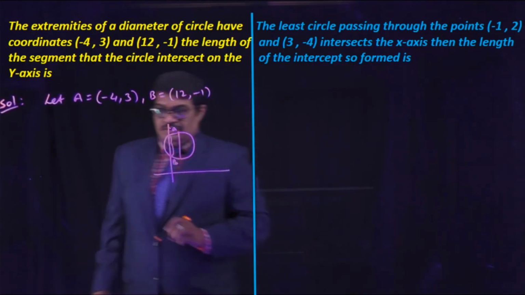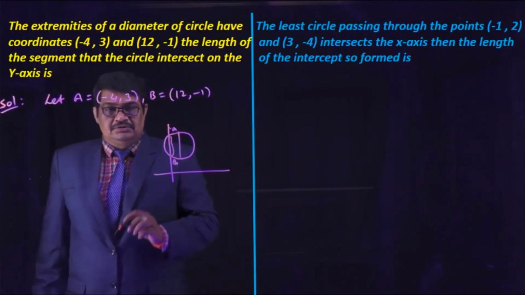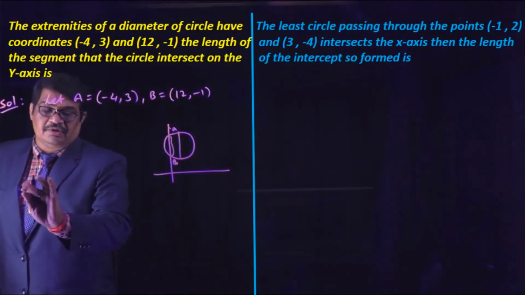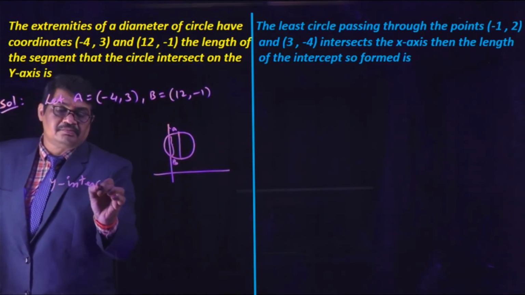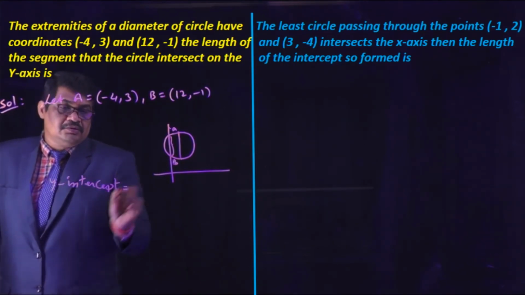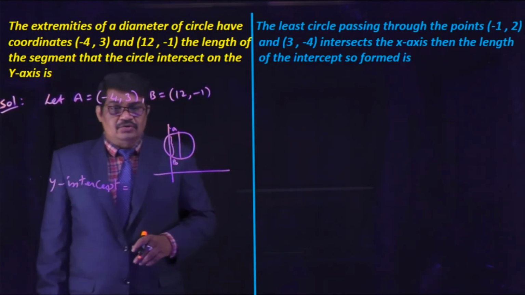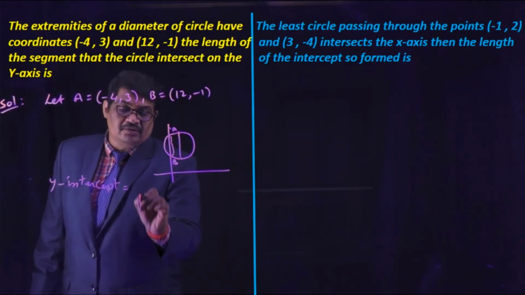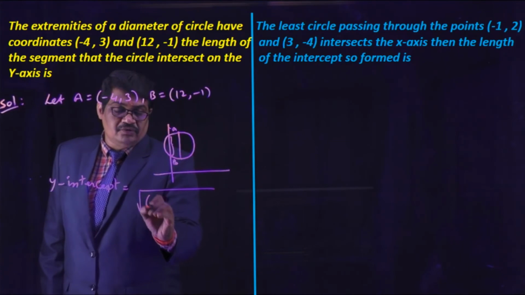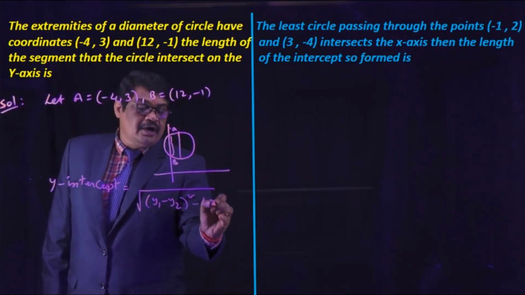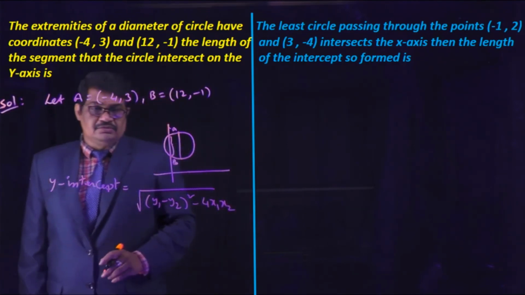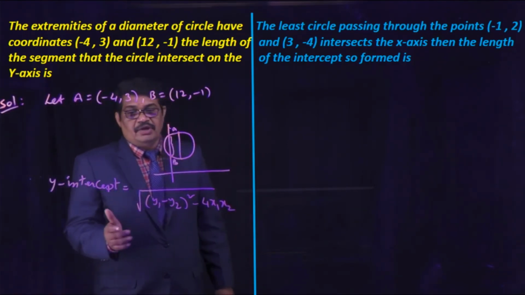So this is the formula: the y-intercept is equal to the square root of (y1 minus y2) whole square minus 4 x1 x2. So this is the shortcut formula.